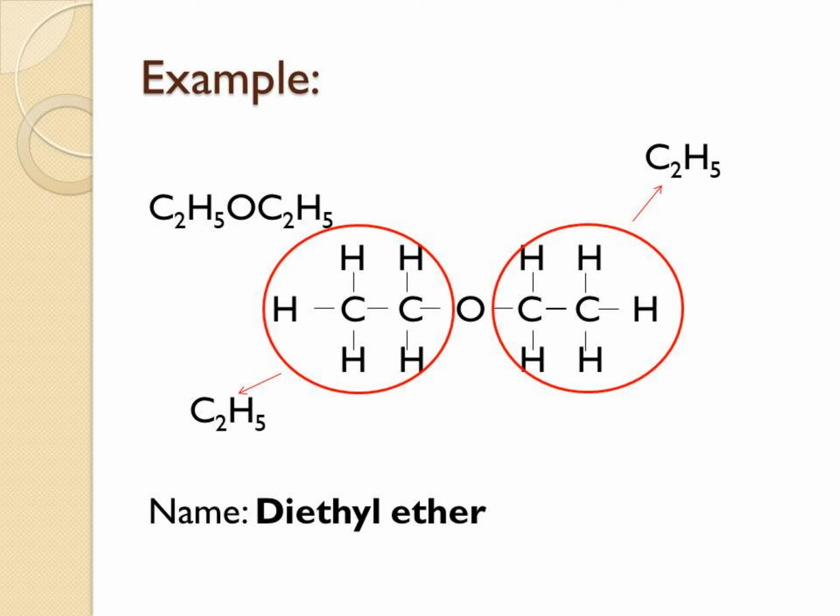You can see in the formula that we have 2 ethyl hydrocarbons, one on each side, bonded to the oxygen atom as the central atom. So since we have 2 ethyl, we use the prefix di and then ethyl ether.